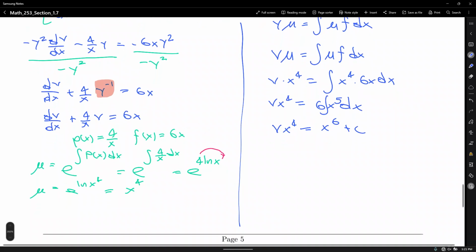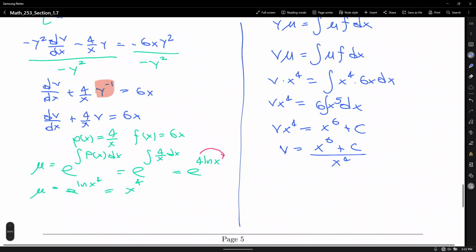First, let's solve for v by dividing both sides by x to the 4th. So v equals x to the 6th plus c divided by x to the 4th.